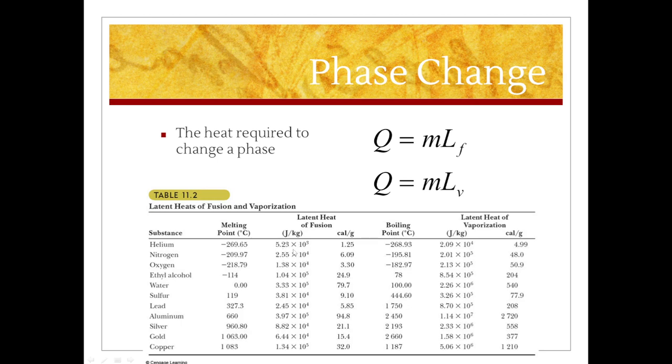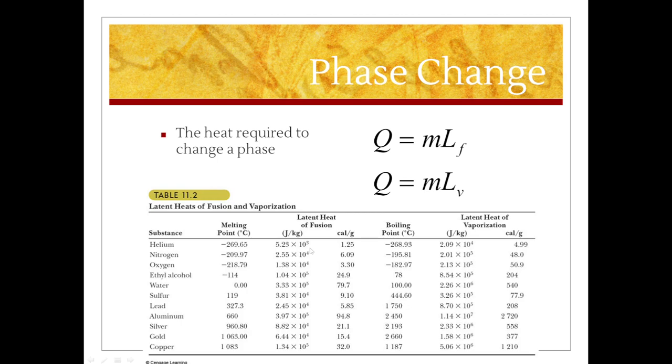It's of a factor of times 10 to the third. This means that comparatively, if you had a solid block of these two different materials, it would take less energy to melt the helium than it would take to melt the aluminum, just by virtue of what they're made of.